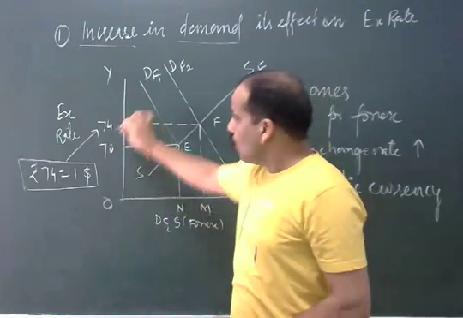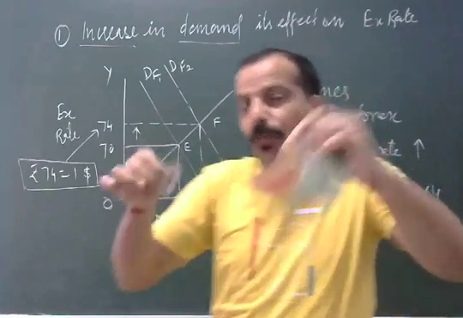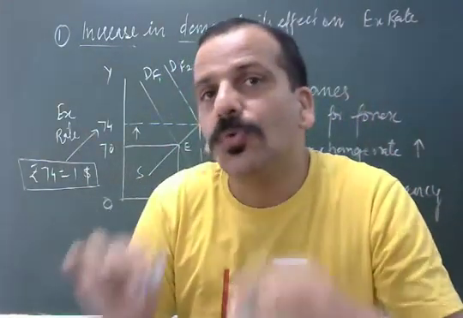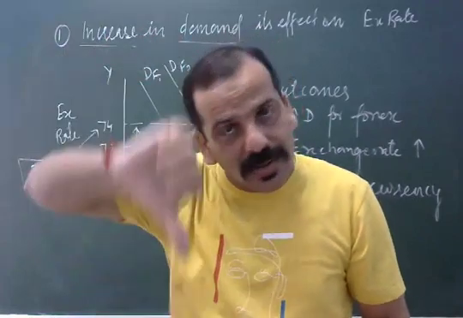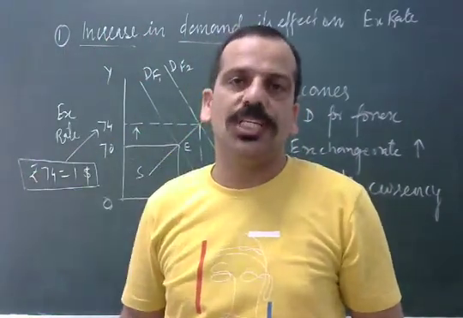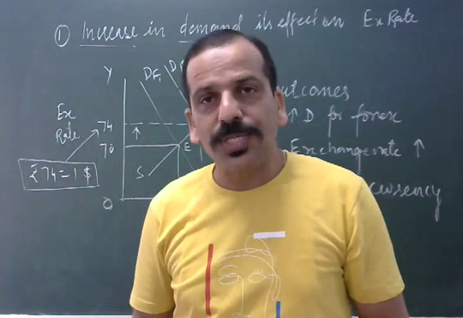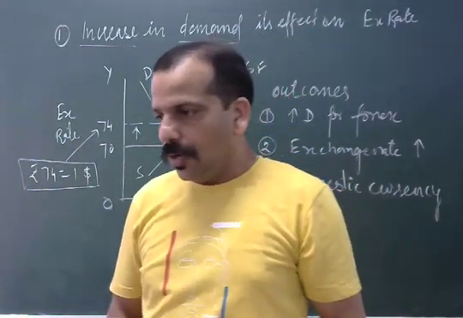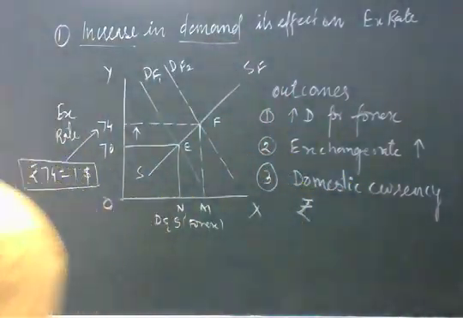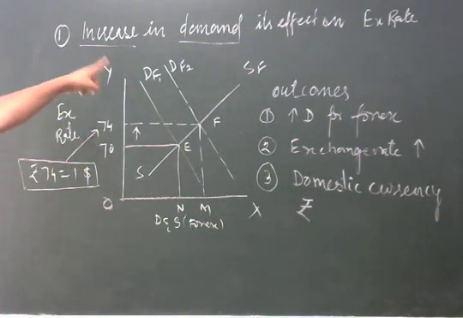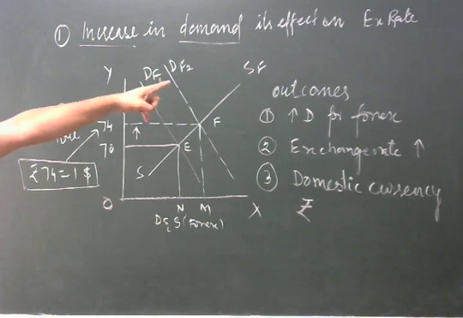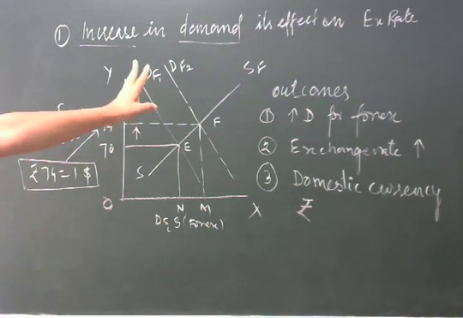Now you are giving more, so it means the value of INR will depreciate. Okay? Clear? So this is what an increase in demand does to the foreign exchange rate, or foreign currency, particularly the dollar.